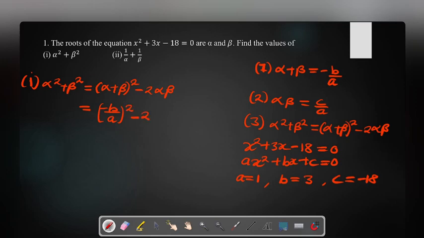Then minus 2 times alpha beta, which is our second property, c over a. So we substitute c over a here.